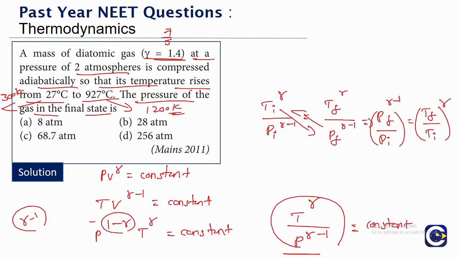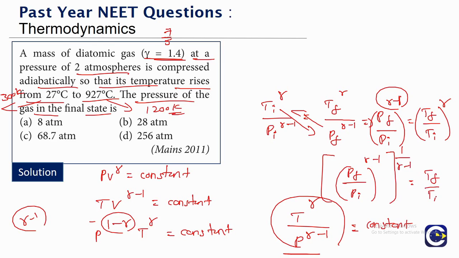Now we are looking for P final value, right? Let us do away with the power. So what is the power here? Gamma minus 1. We'll take a root of gamma minus 1 on both sides. Root of gamma minus 1 means what? On both sides we will be raising the power to what? So already there is a gamma minus 1 power. On both sides we will raise the power to what? 1 by gamma minus 1.